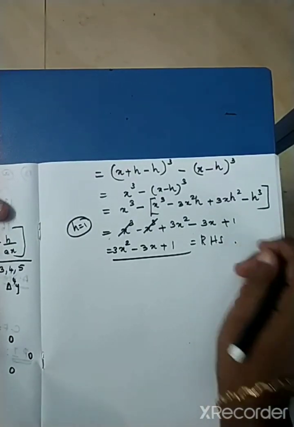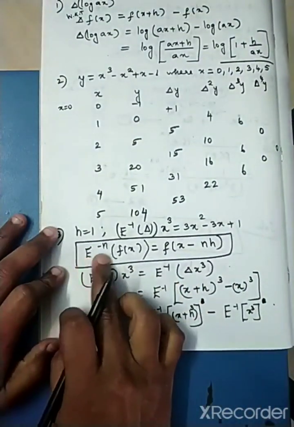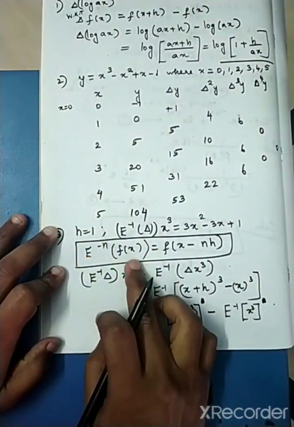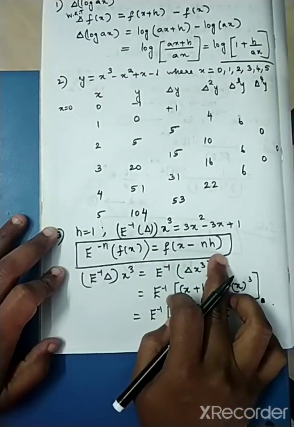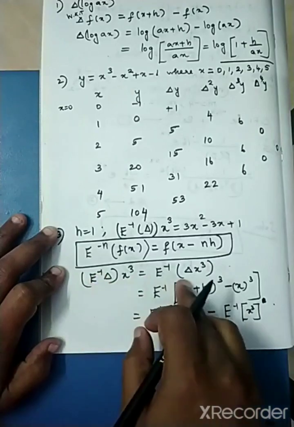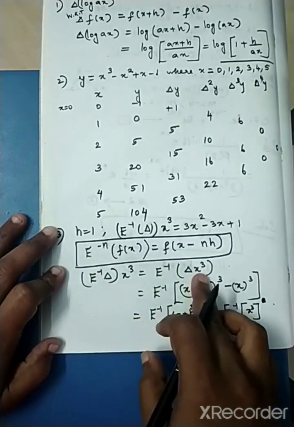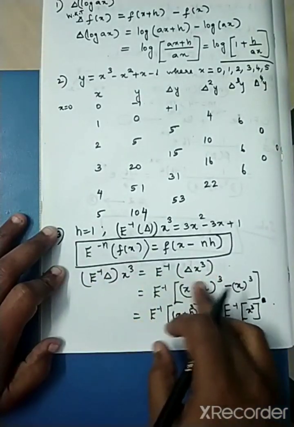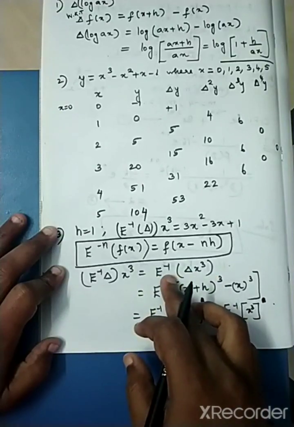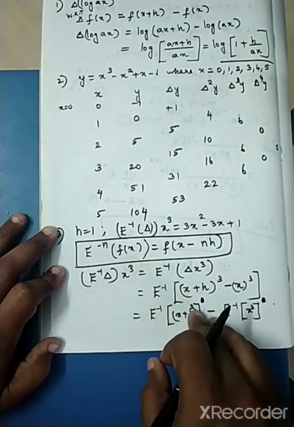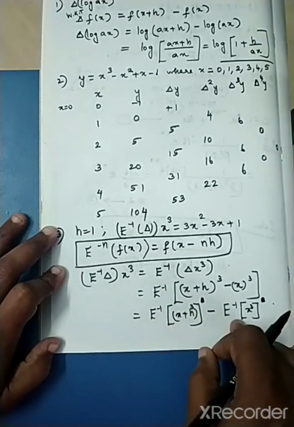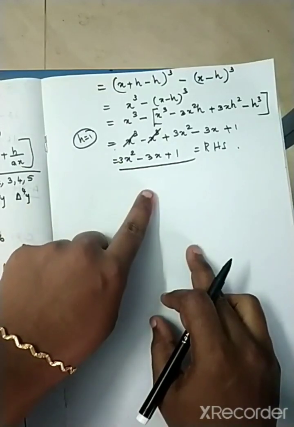Okay, so what I have done is, I have used this formula as main formula. E power minus n of f of x is equal to f of x minus nh. Then I have used this inverse shifting operator, or you can say your shifting operator alone with power minus 1. Then I applied the formulas. I split that into 2. Then I used the formula and I got it.